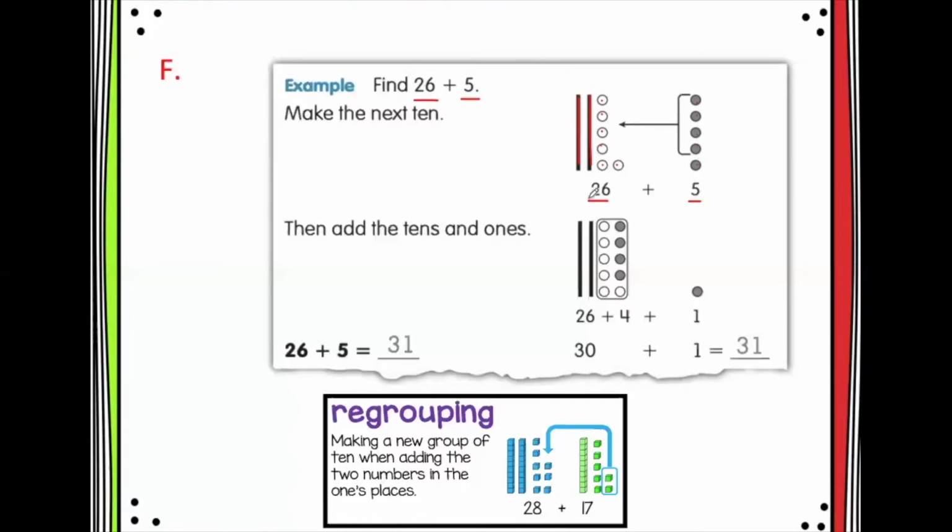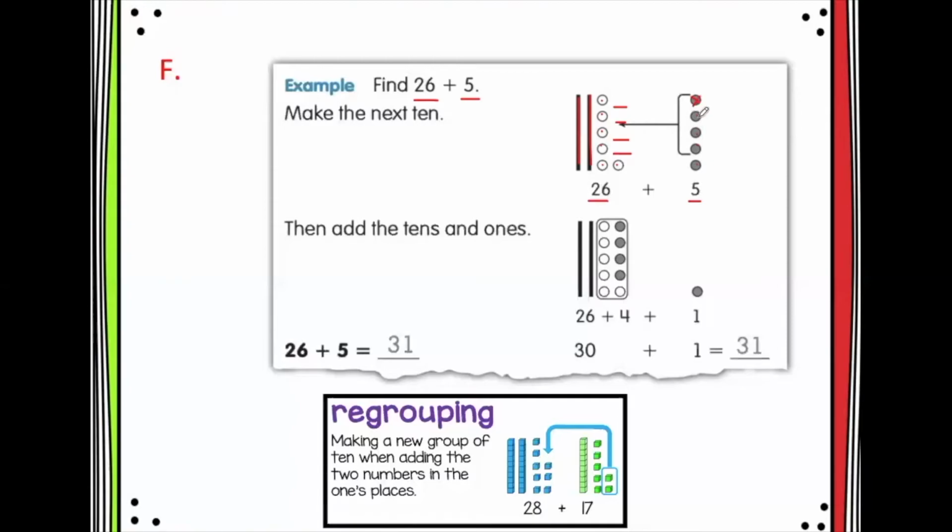Now, if we look at the number 26, we could make a full group of 10 if we filled in these spaces, 1, 2, 3, and 4. So, since we have 4 missing spaces to make a group of 10, we can actually borrow from our friendly neighbor, number 5, and take these 4.